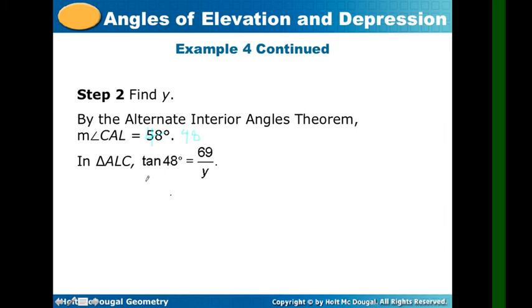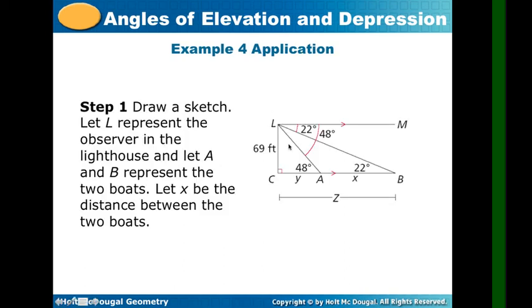And then, in triangle ALC, meron tayong tangent 48 degrees equals 69 over y. Find y. The relationship of angle A to 69 is opposite. The relationship of angle A to y is adjacent. From that, makakaisip na tayo that we will use the tangent.